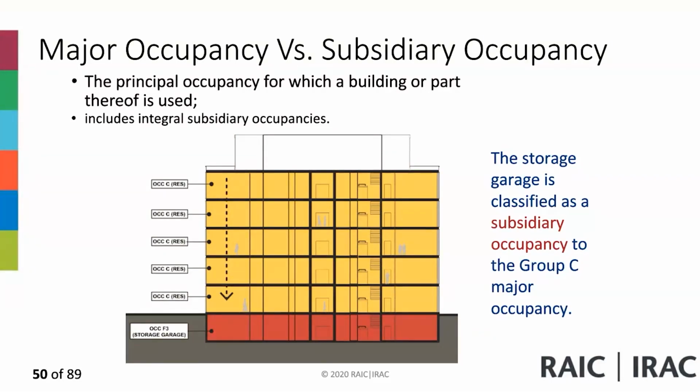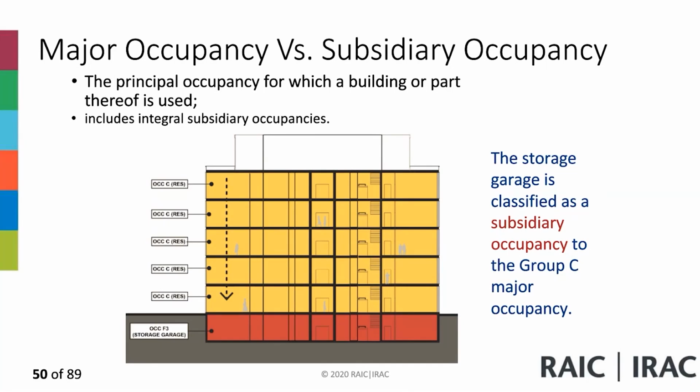So if you've got a residential building with an assembly area, like a lounge, that the people in the building can use, that's a Group A2 area, but that's a subsidiary group for that specific area of the floor. However, the major occupancy is Group C, and it remains Group C.